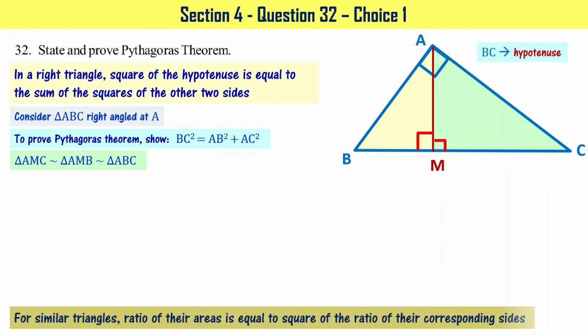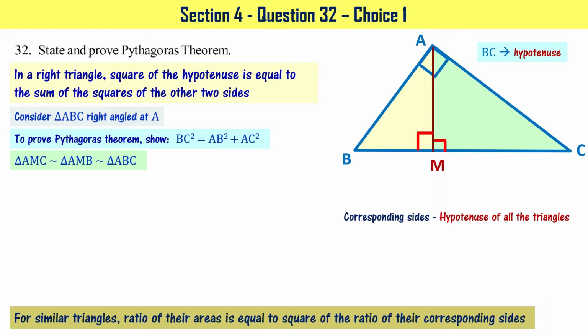And there is another theorem. It says that for similar triangles, ratio of their areas is equal to square of the ratio of their corresponding sides. If I take ratio of area of triangle AMC and triangle ABC, that is going to be equal to square of the ratio of their corresponding sides. Now what are the corresponding sides?